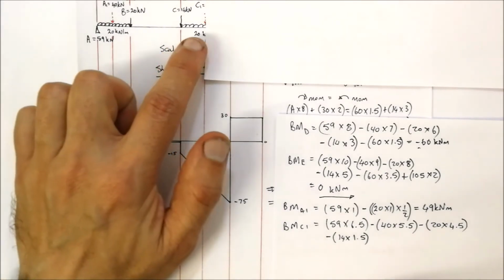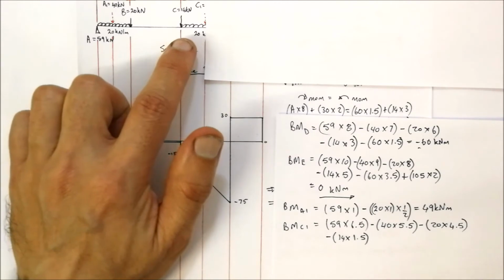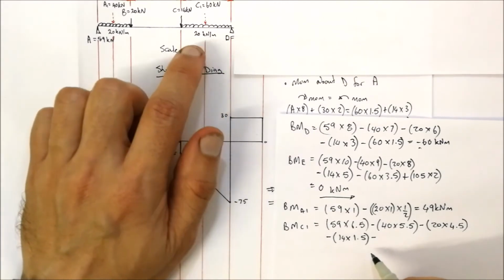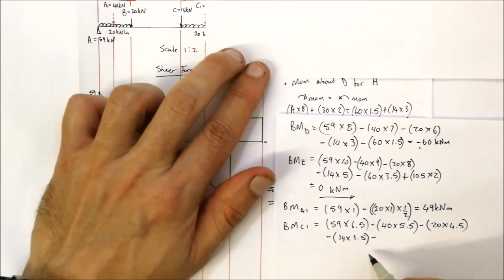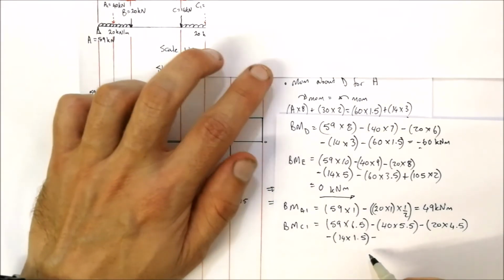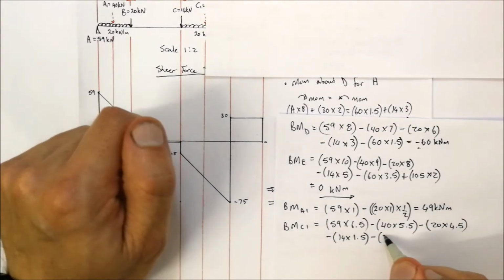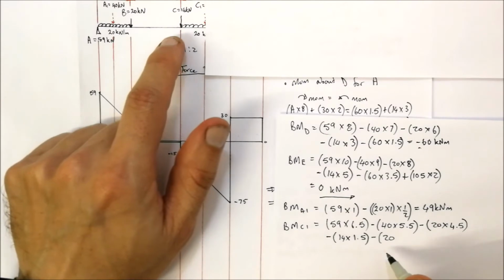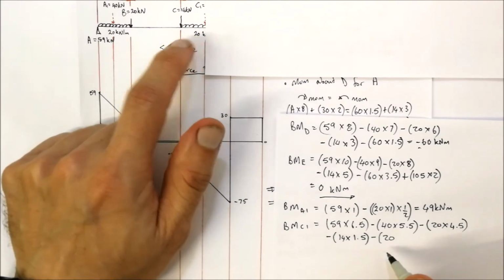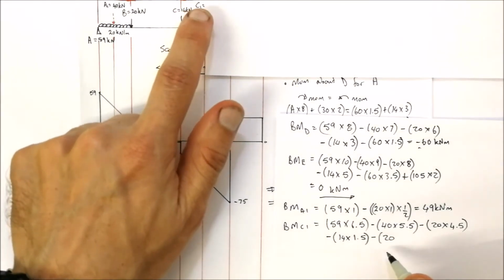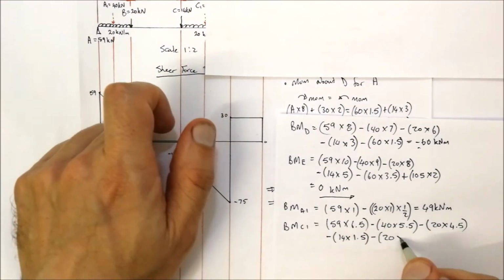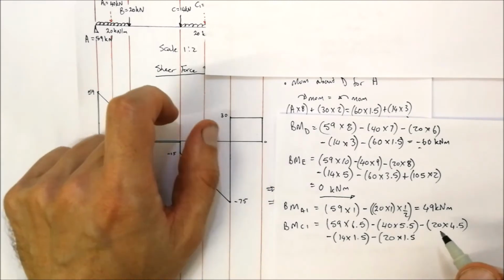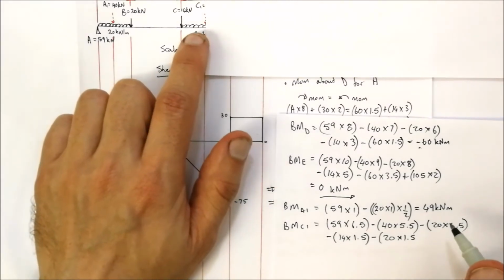Okay, and then we've got this distributed load over here that we've got to take into account as well. Okay, so again, the distributed load is 20 kilonewtons per meter. Okay, so if we're covering up at C1 over there, that is 20 kilonewtons per meter multiplied by, what's the distance that we've got for that piece of distributed load between C and C1? Well, that would be half of the 3 meters. That would be 1.5 meters. So multiplied by 1.5 meters. Okay, and then we've got to look at the distance it is away from there.